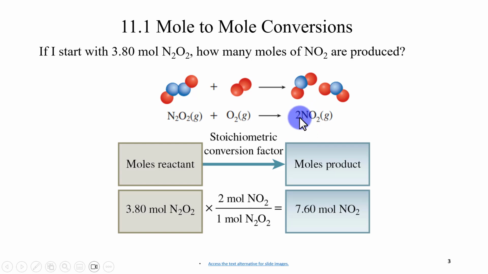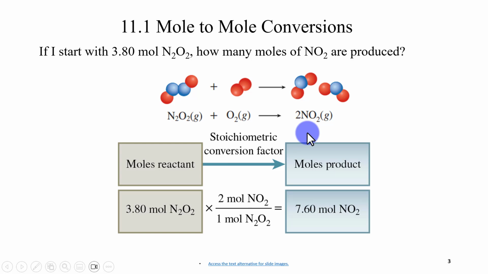My nitrogen is balanced. What about oxygen? I have 2 times 1, even though it's not written, 2 oxygens from this molecule plus 1 times 2, 2 oxygens from this. So a total of 4 oxygens on the left-hand side. 2 times 2 gives me 4 on the right-hand side.